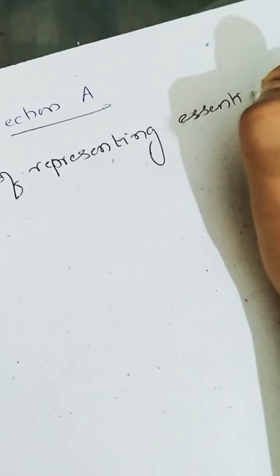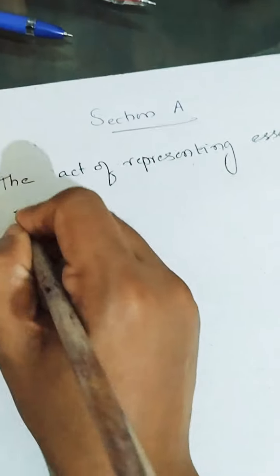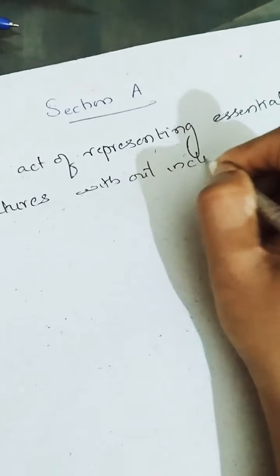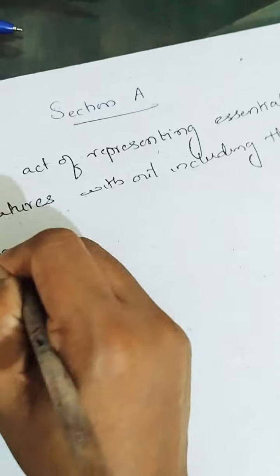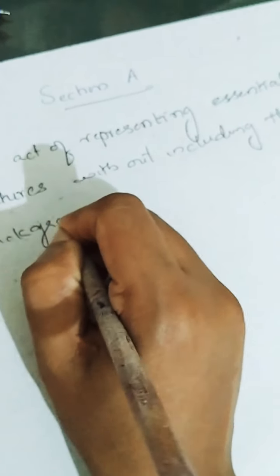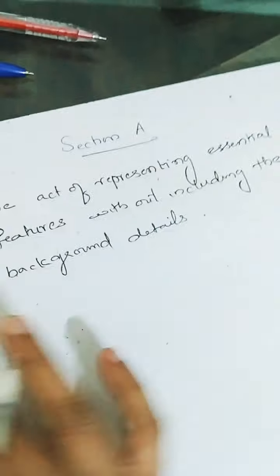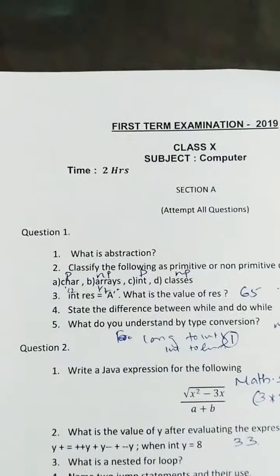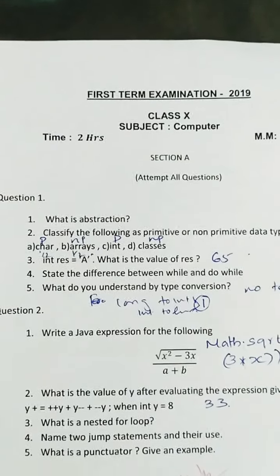For this question you have to write the act of representing essential features without including the background details. This is of 2 marks. You have 5 questions which are of 2 marks. So you just want to write the definition.